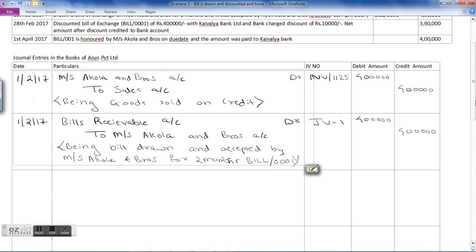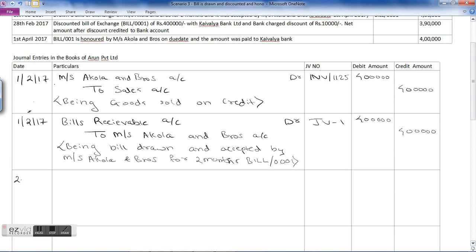Okay, so what the bank is doing is bank will be collecting that bill from the customer, and then subsequently it will give you an immediate loan by deducting some discounting charges. Now this discounting charge is like an interest, which the bank is charging, and on the due date bank will collect the amount from your customer, that is Messrs. Akola and Brothers in this case.